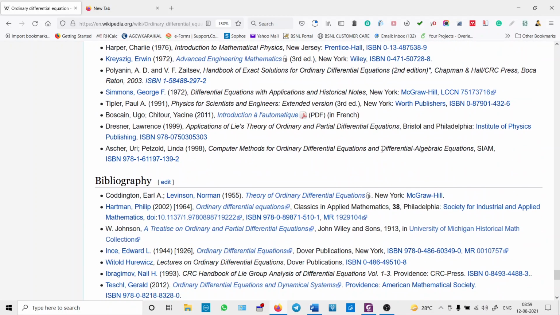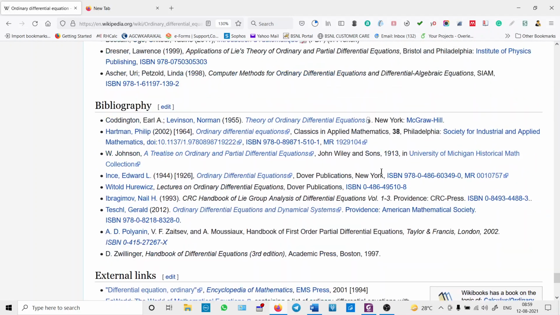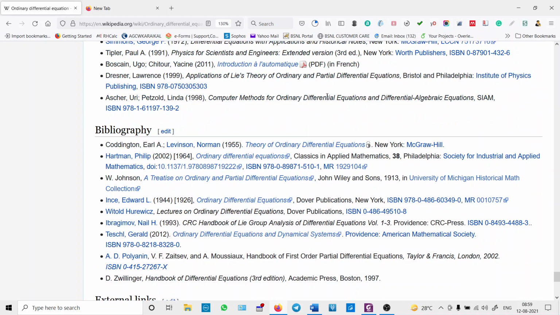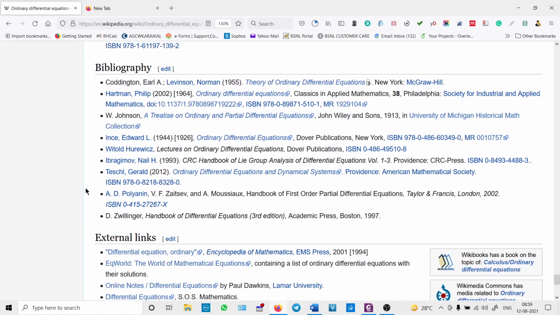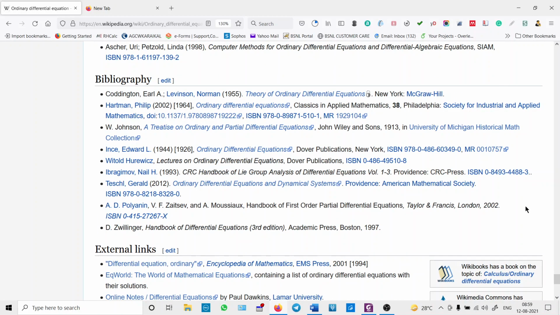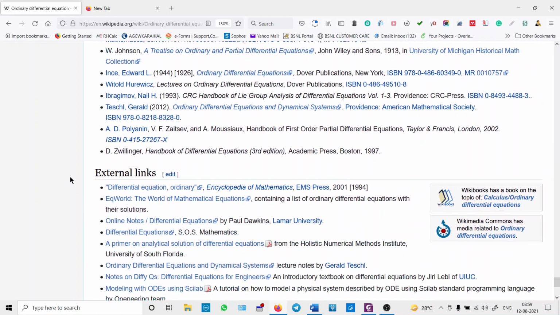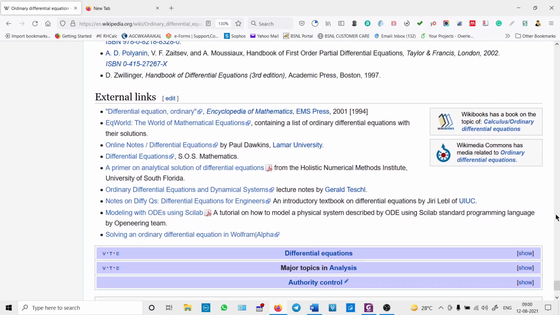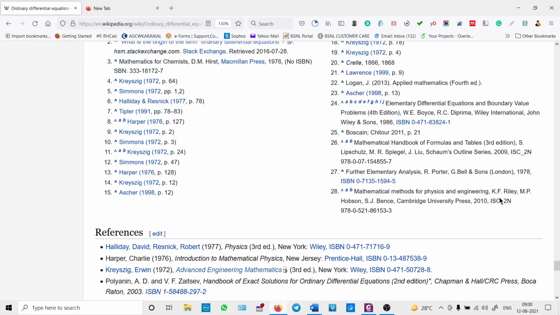There are references given, some e-books also prescribed, so students can refer here and learn more. The student who is interested to pursue higher studies in mathematics and interested in research can refer to these e-books. Some external links are given so that they get more knowledge. Okay.